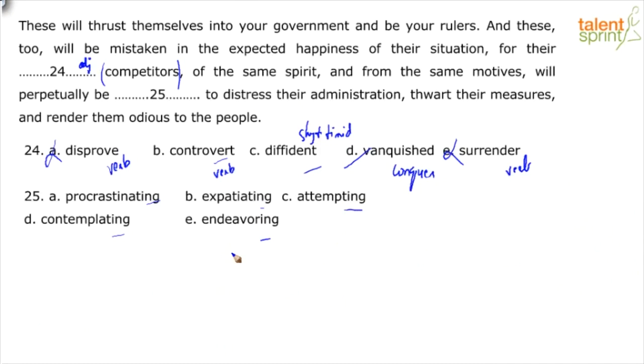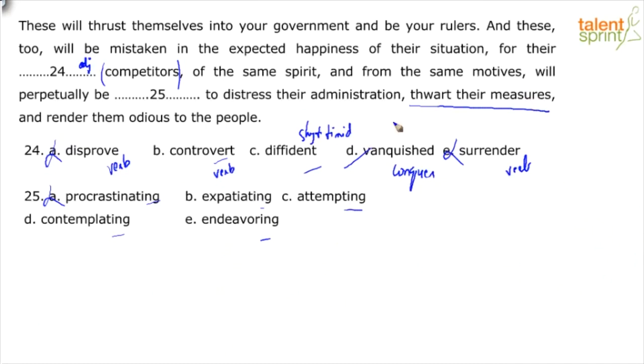So, I definitely can safely eliminate option A, procrastinating. It's a negative word, right? What is procrastinate? You don't do it now, you do it later, wasting time basically, right? So this is not the word that we need here. If you look at it, the context is talking about somebody who is working with a specific aim, right?